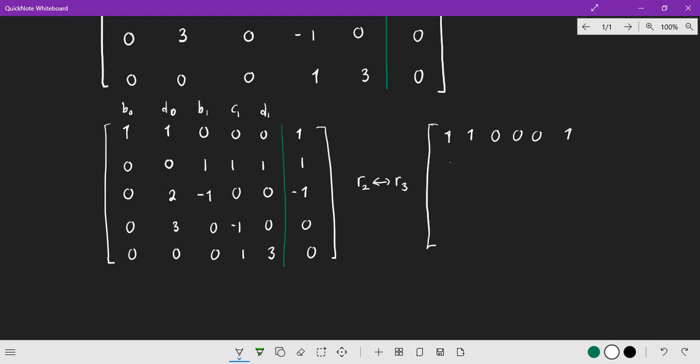Okay, so this will be 0, 2, -1, 0, 0, -1, and then this one will come here 0, 0, 1, 1, 1, 1, and the other two rows we maintain, 0, 0, and then here 0, 0, 0, 1, 3, 0.